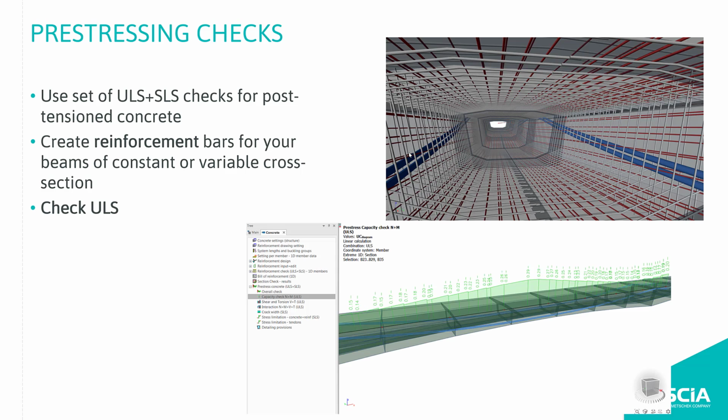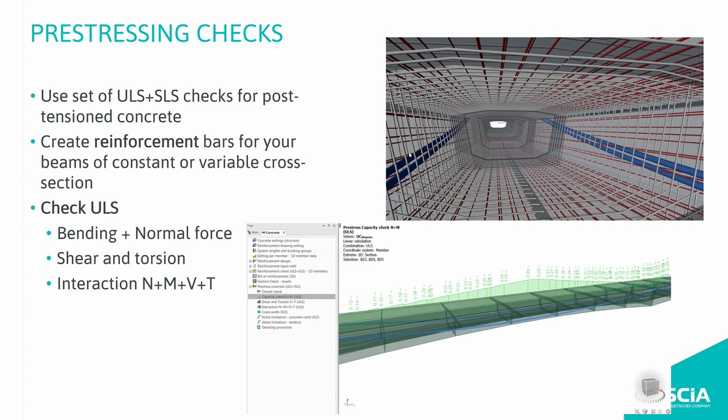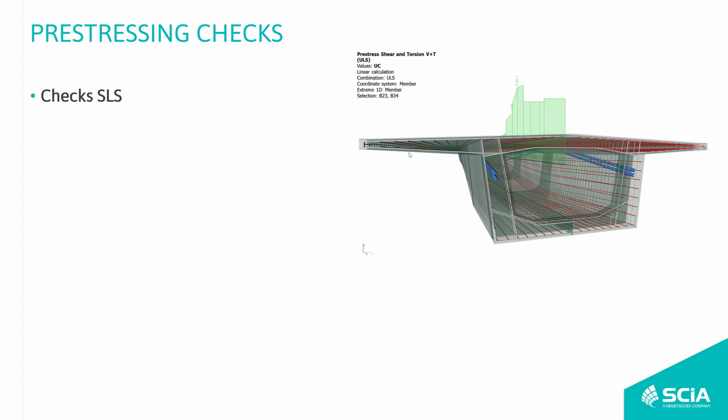Here, in the case of ultimate limit state, you can use the checks which check the bending and the normal force, shear and the torsion, and the interaction of normal force, bending moment, shear force and the torsion. And we have the same also for serviceability limit state.